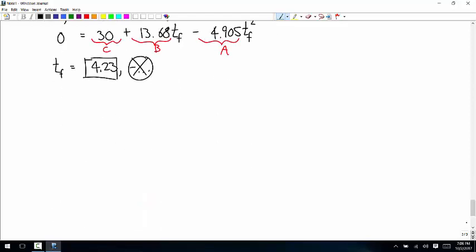I think the easiest way to think about that is the relationship between coordinates of a point and components of a vector. So if here's your coordinate system, and you know that the velocity vector looks like this, the components of that vector are just going to be equal to the coordinates of this point.